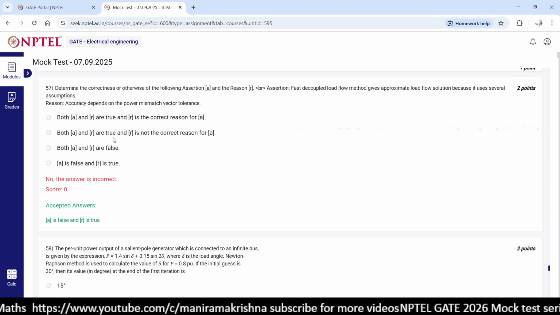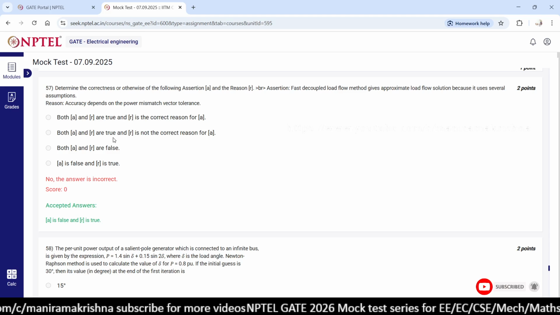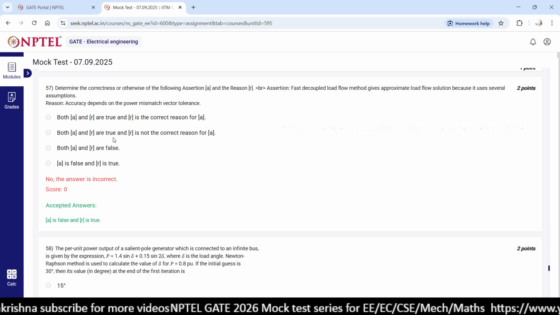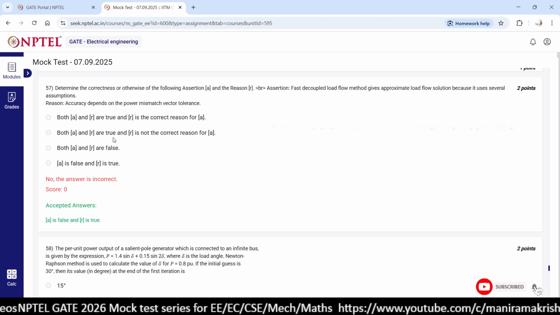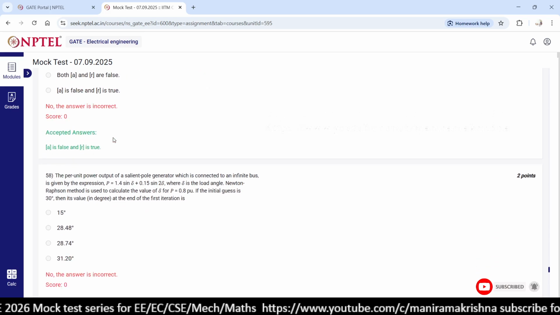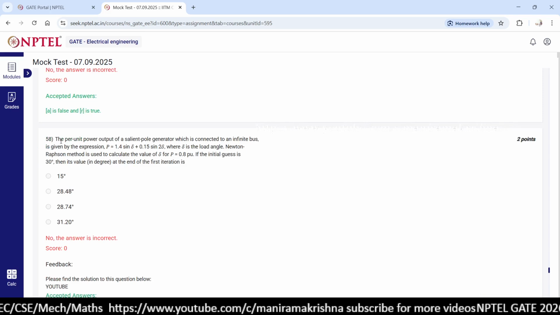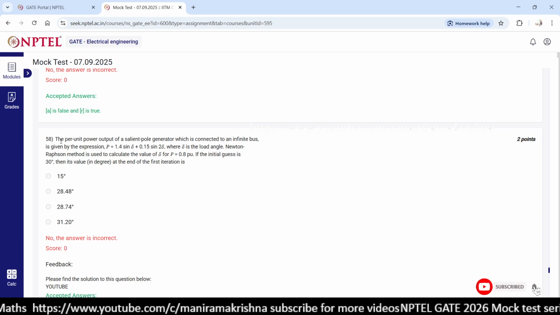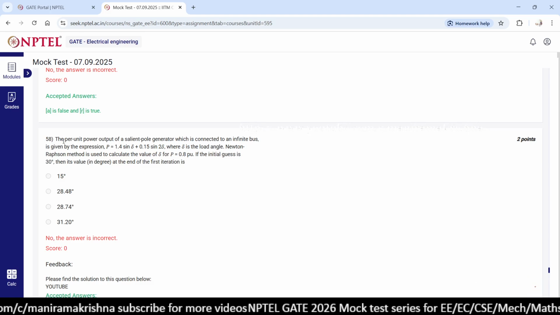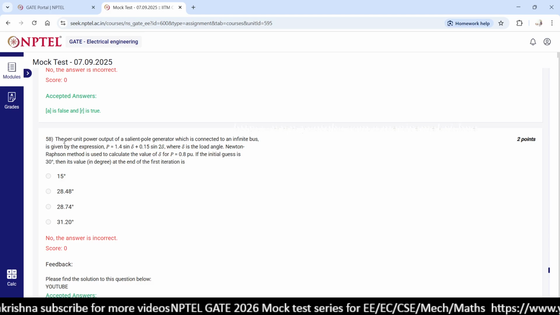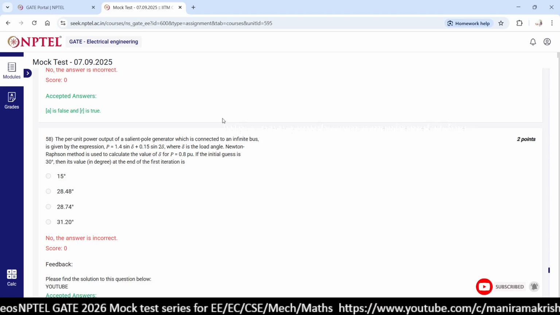And the 57th and 58th questions, if you observe, are related to mathematics and power system. The 50th question is the salient pole generator, meaning the AC generators topic. Sorry, the Newton-Raphson method, that's the power system analysis question.